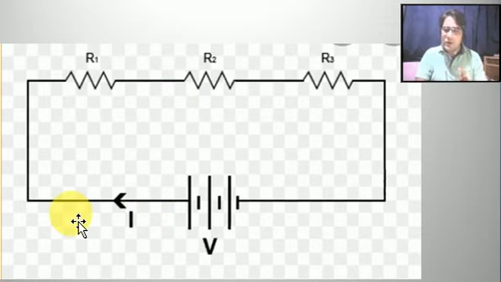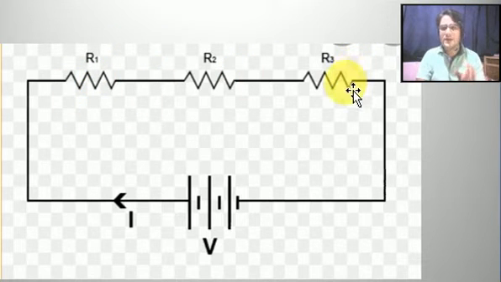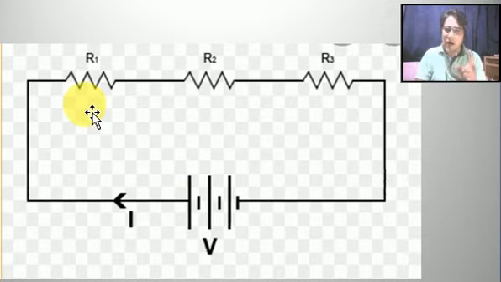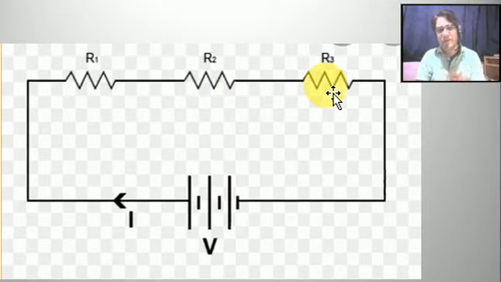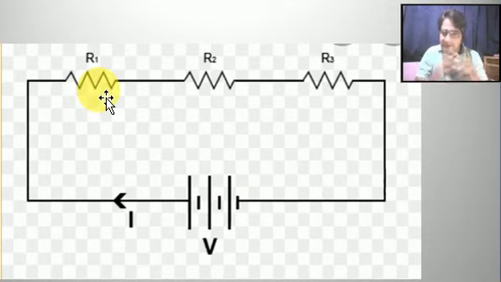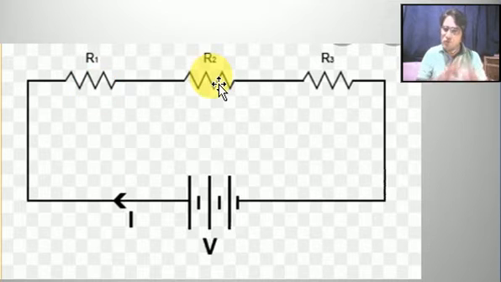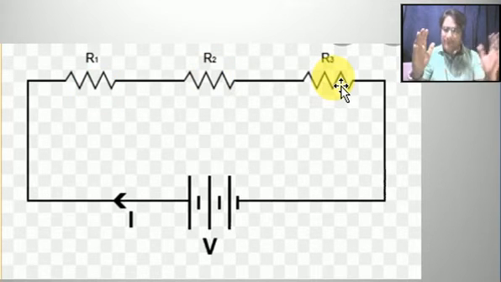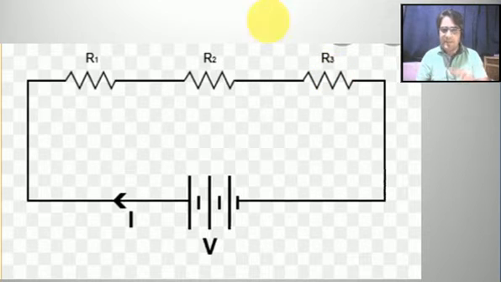There is a current I, और यही current I flow होगी through resistors R1, R2 and R3. यानी करंट का वैल्यू R1 में भी I ही होगा, R2 में भी वही करंट होगी, R3 में भी वही करंट होगी. लेकिन if we talk about potential difference, R1 different potential difference पे होगा, R2 different potentials पे होगा, R3 different potentials पे होगा. I mean to say that R1 will be having a different potential difference, R2 will be having a different potential difference, R3 will be having a different potential difference.